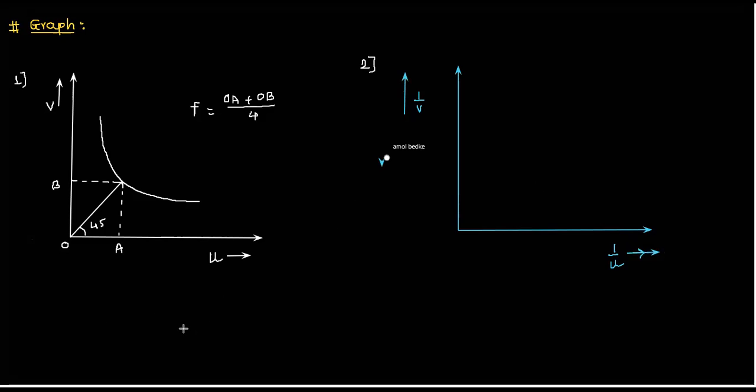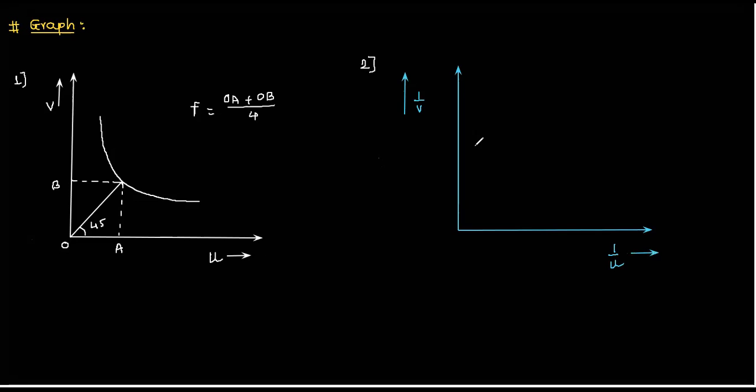On the x-axis, you take 1 by U, and on the y-axis, 1 by V. Here you see what type of graph you are getting, the nature of this graph.